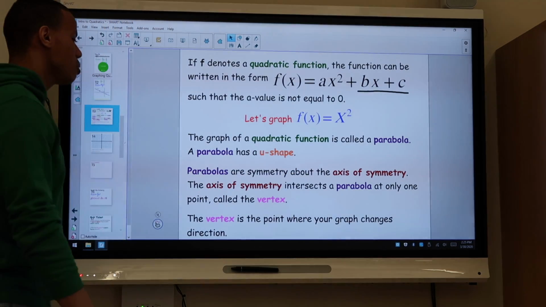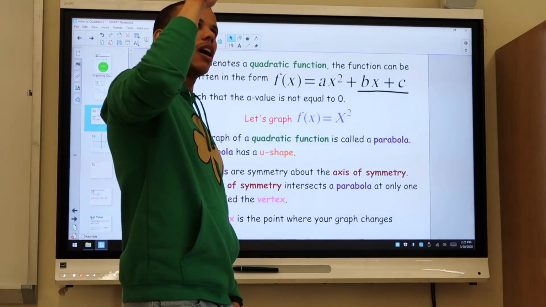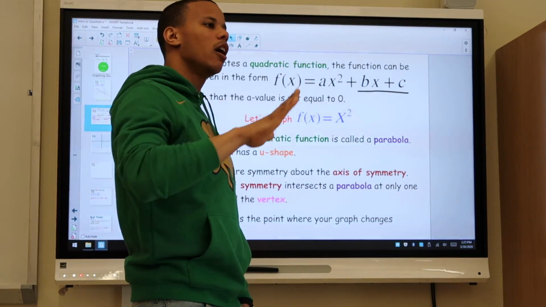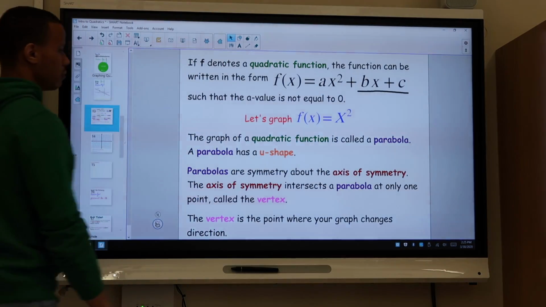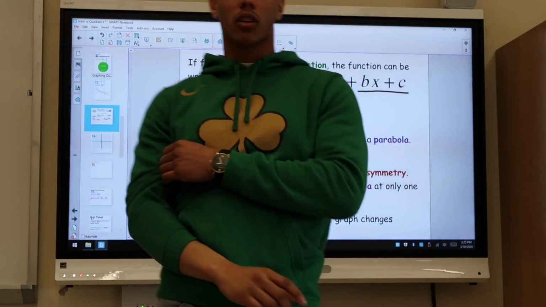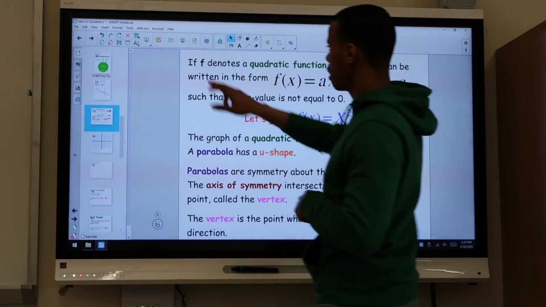The vertex is the point where the graph changes direction, which again goes from either positive to negative or negative to positive. So there you go.